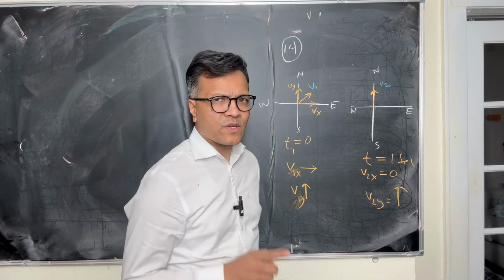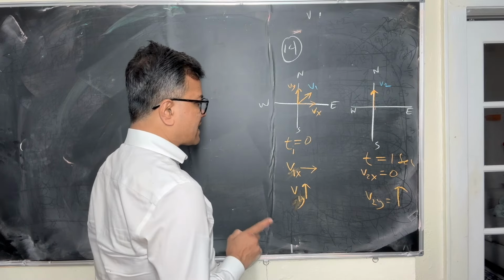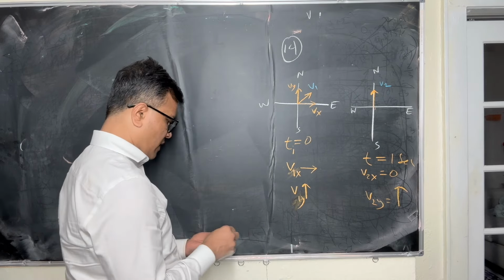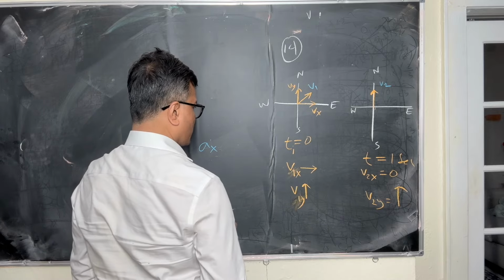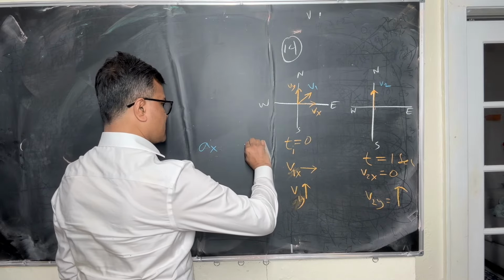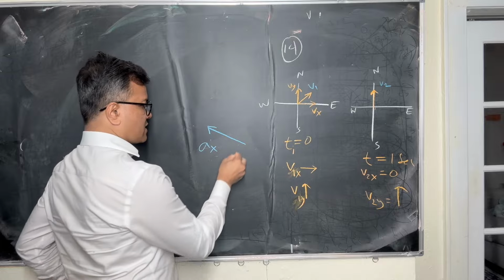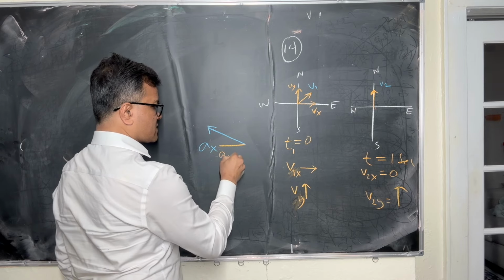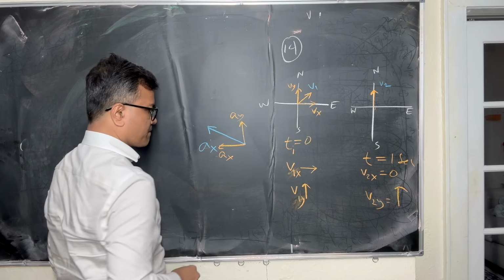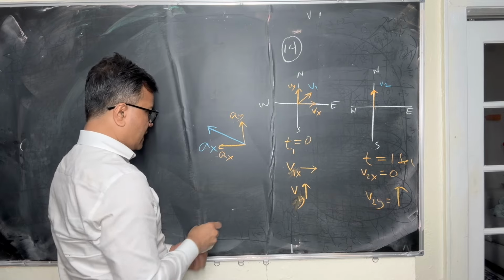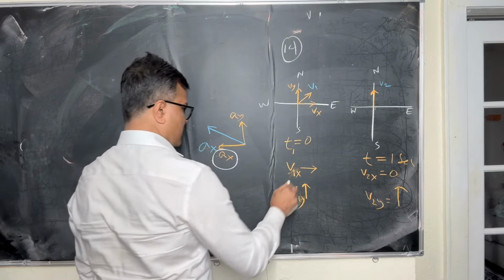Now why v2x is 0 is because the acceleration has two components, ax and ay. Ax cancels the v1x.